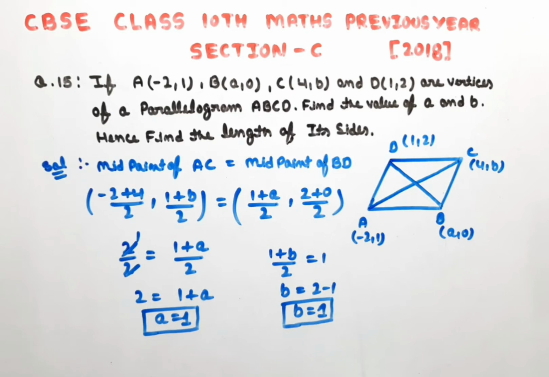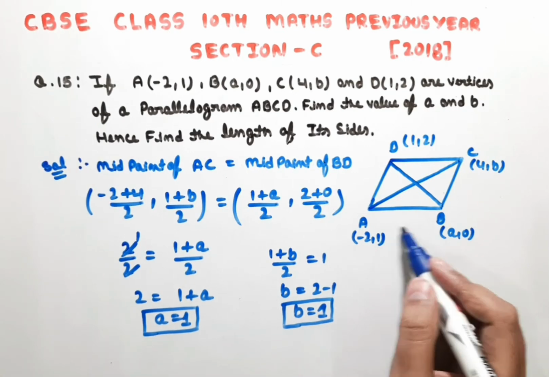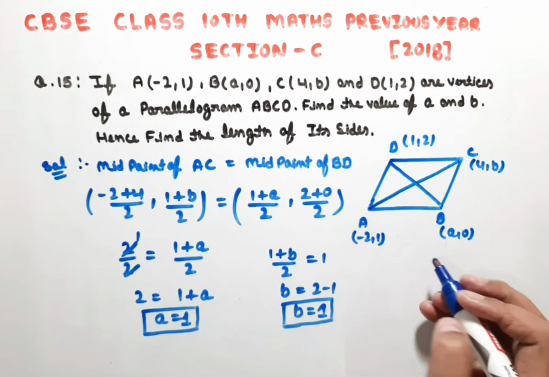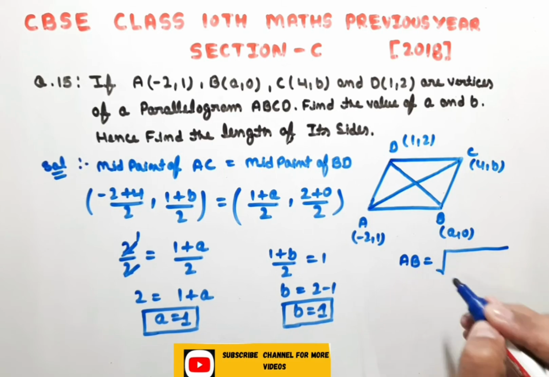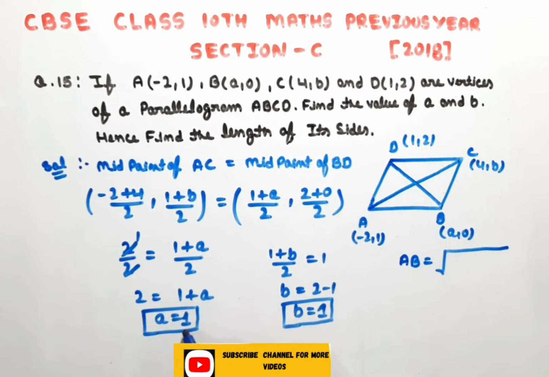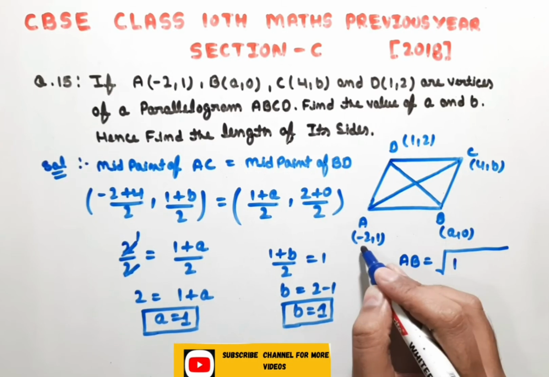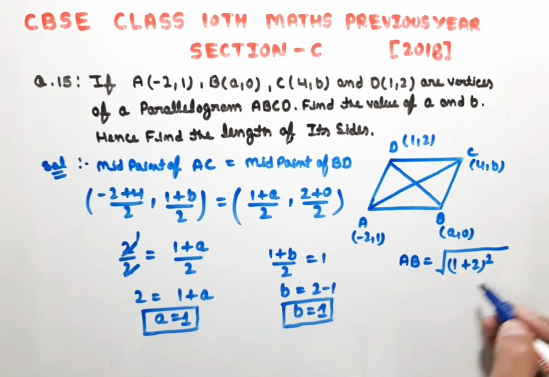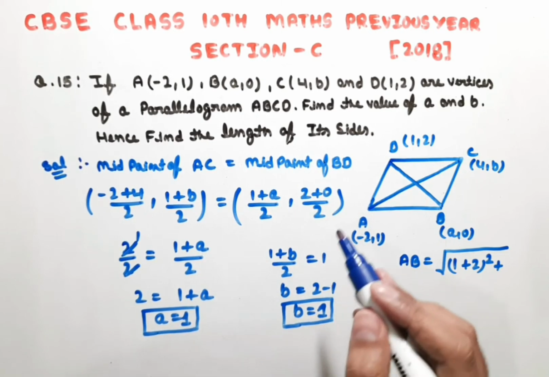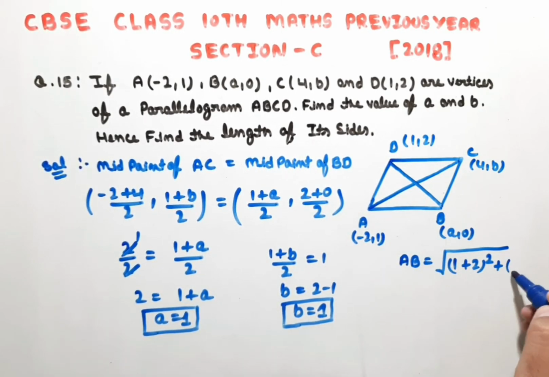Now we have to find the length of its sides. So by the distance formula, the length of AB will be the square root of (x2, that is a, the value of a is 1, 1 minus x1, that is -2, so plus 2) whole square, plus (y2 minus y1, that is 0 minus 1) whole square.